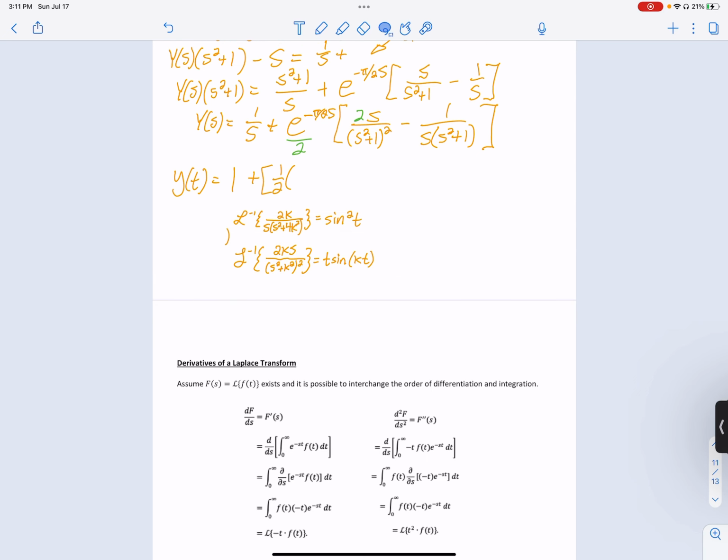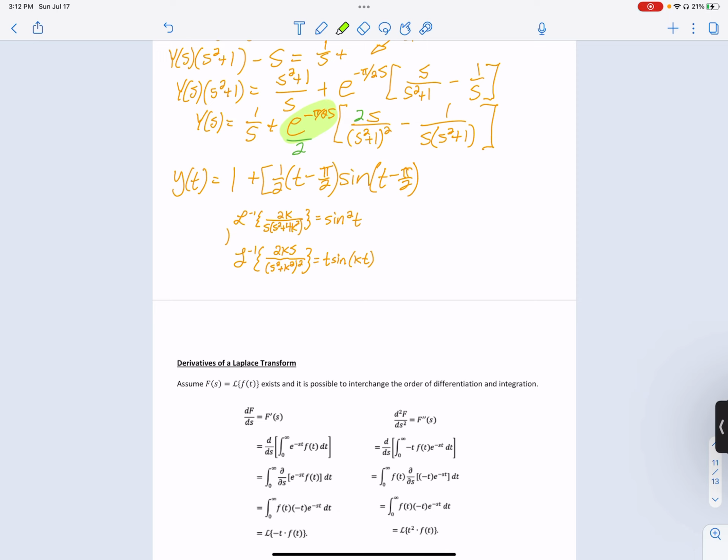Okay, so remember with the e to the negative pi over 2, that means I have to plug in t minus pi over 2 for each t. So t becomes t minus pi over 2. And then I get sine of, okay, k was 1, but I do have to change sine to t over pi minus 2. That comes from right here. That's why we have to do that. If not, we would just put t's if that wasn't there.